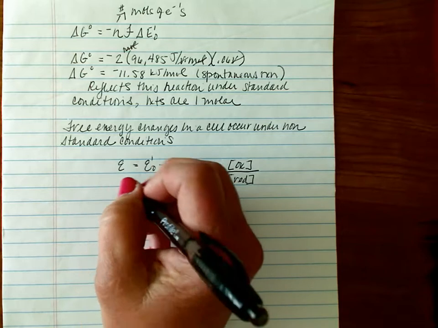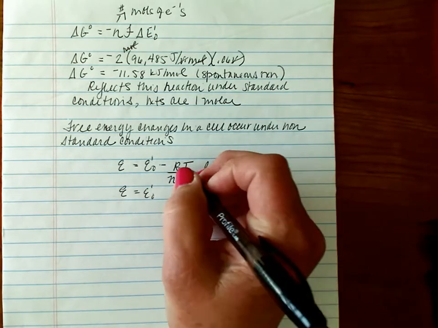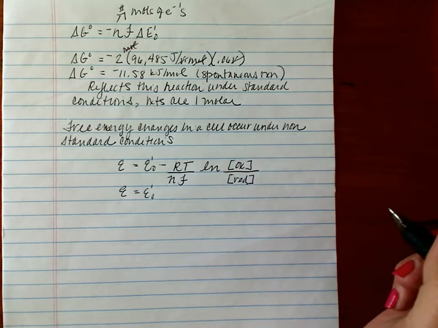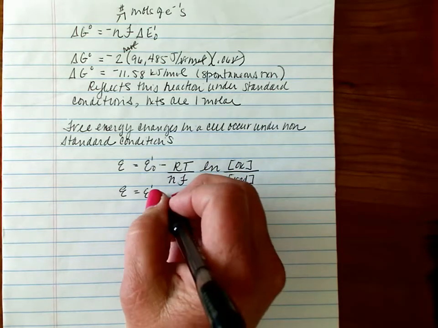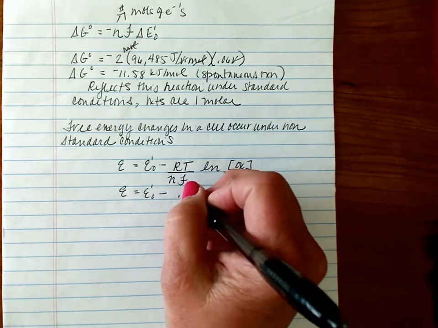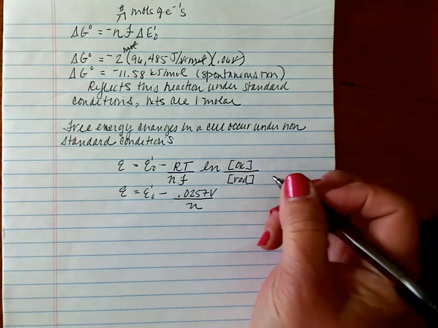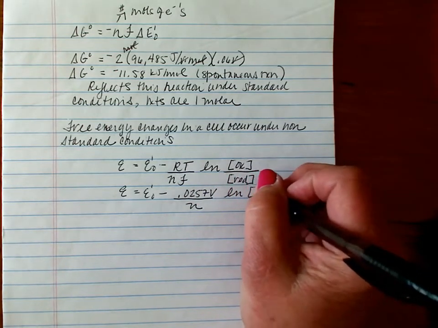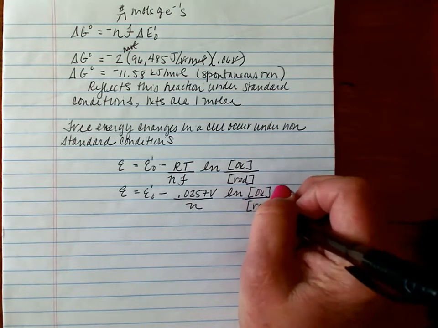This can be simplified a little bit because these three things will be essentially constant in a cell, and that works out to be 0.0257 volts divided by n, the number of electrons, times the natural log of the ratio of oxidized to reduced.